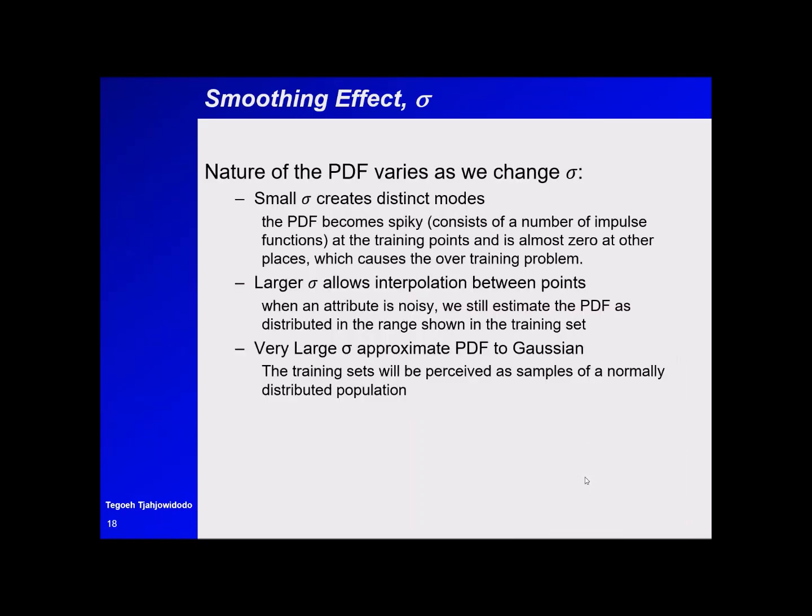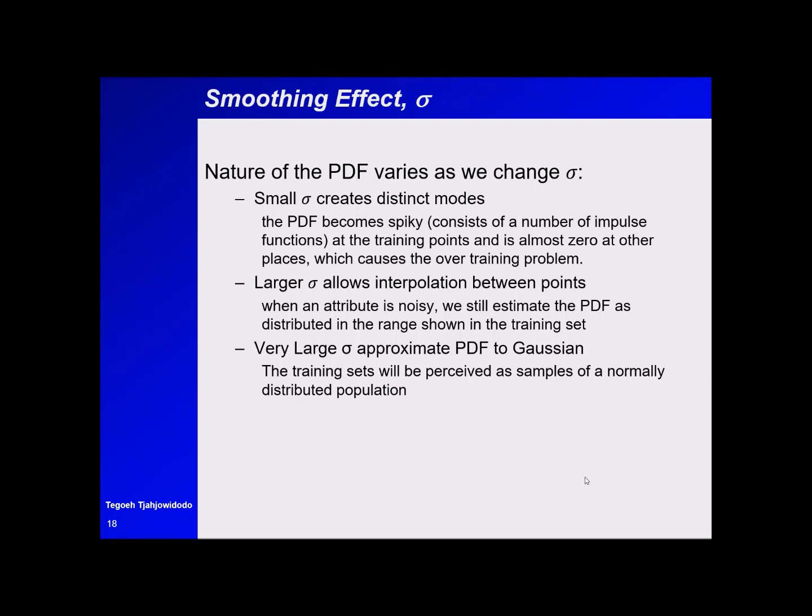So just to summarize again, what is the effect of sigma? As we have already discussed before, if sigma is too small, then we will come up with a spiky probability density function.